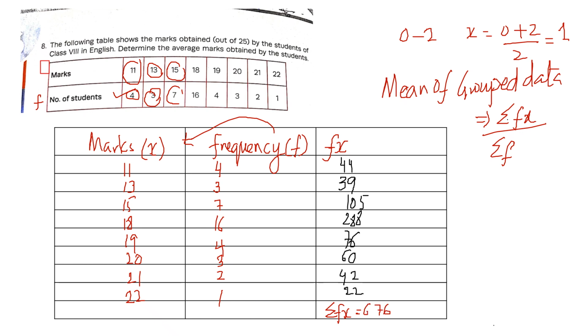And when you sum up the frequencies, sum of f, you will get 40, right? Now we have already come up with 676. We will divide 676 by 40, and when you divide this by 40, you will get 16.9, which is the answer for the mean, right?